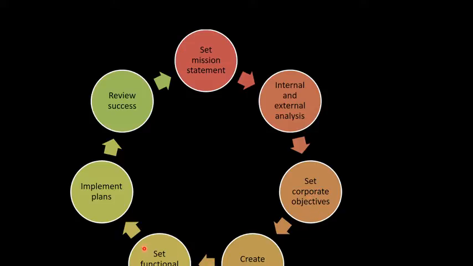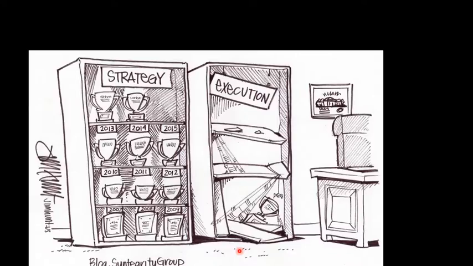We then create the strategy, set the functional objectives, and actually implement those plans. So we're around here. And actually you can think of the A-level business course as we're moving around this wheel. Most of Unit 7, which was the first unit in the A-level business course, was based around that. And then we've looked at how to create strategy, and this is really about implementing those plans.